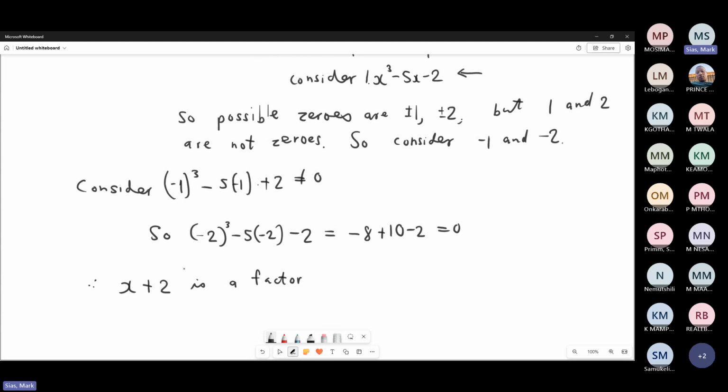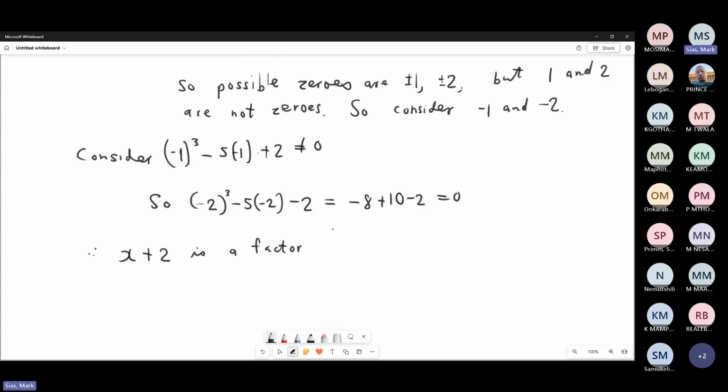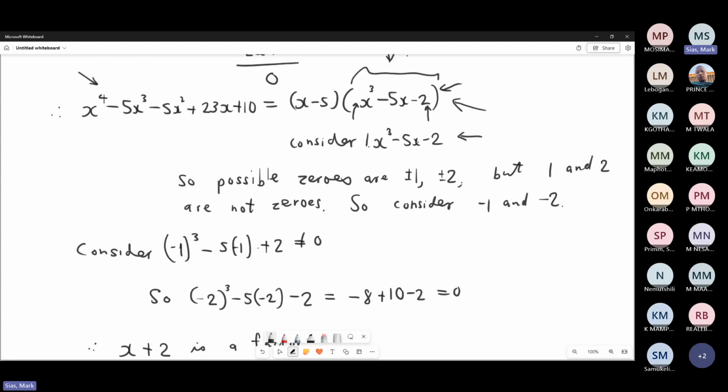So let's divide x plus 2 into the smaller degree polynomial, x cubed minus 5x minus 2, and let's see what we get.